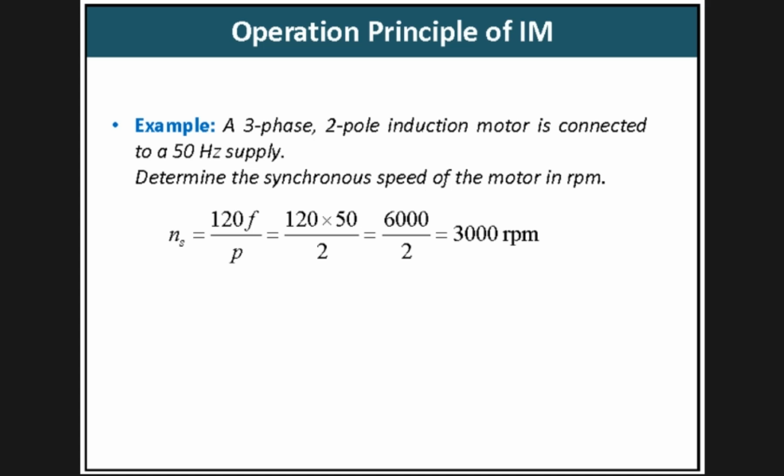A three-phase two-pole induction motor, P equals 2, right, is connected to a 50 hertz supply, so F is 50 hertz. So if you know frequency and number of poles, you can find the synchronous speed. It will be here 3000 rounds per minute.